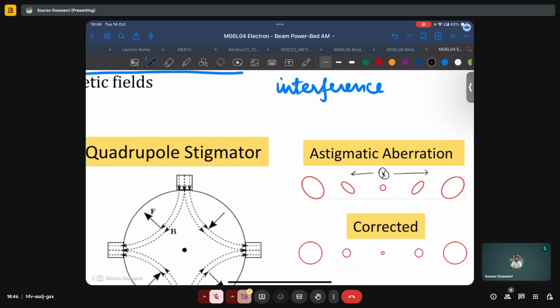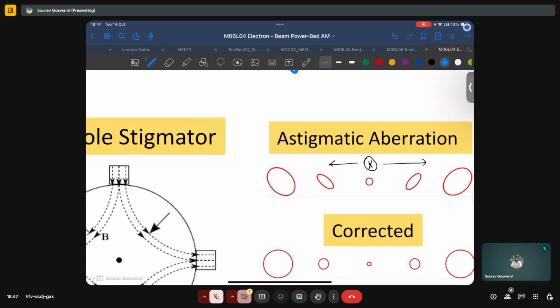So directly below the optical axis, our beam has a perfectly circular shape as desired and typically used. But as we move away, we see that the aspect ratio changes and it takes on a more elliptical shape.